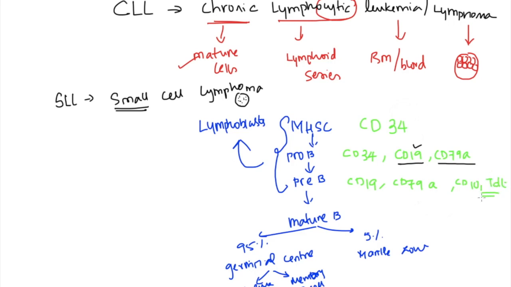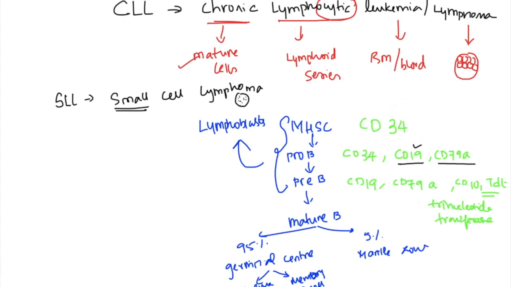It is terminal deoxynucleotidyl transferase. Once again, Pro-B has CD34 with CD19 and CD79A. Then the pre-B cell will have two more and loses CD34. So CD34 is gone, and instead you will have CD19, 79A, CD10, and TDT.